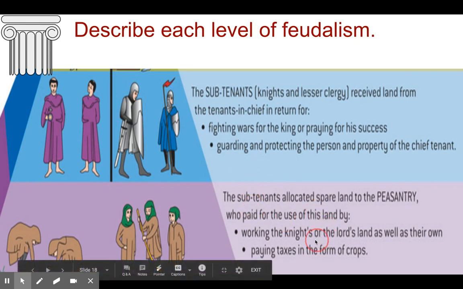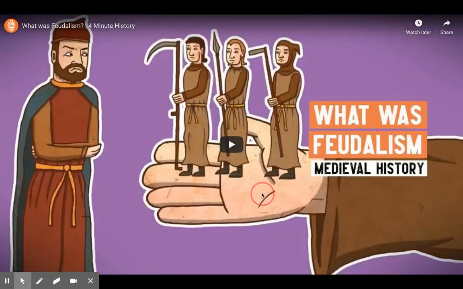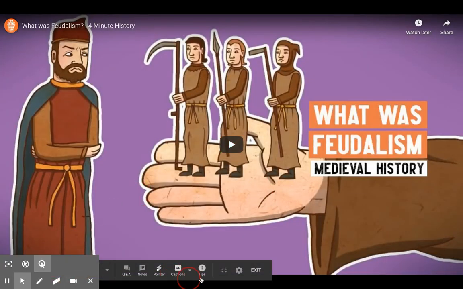And the peasants will work on the knights or the lord's land as well as their own, and they will pay taxes in the form of crops. And a lot of times the term peasant is also replaced with serf. I'm going to have you watch this video to kind of sum up feudalism.